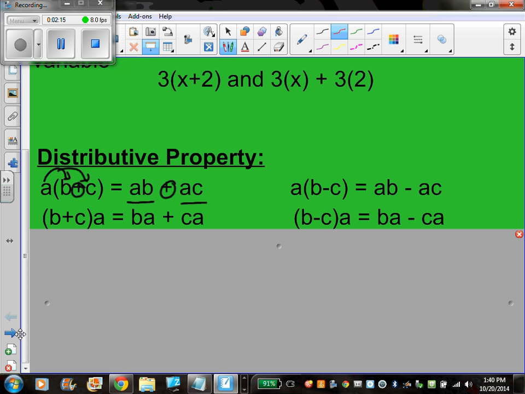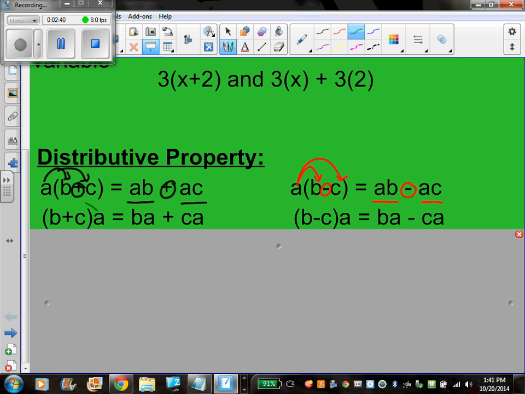Notice that something similar happens with subtraction. We have a times b, and then we have a times c, and the symbol between them here was minus, and it continues to be minus over there. These bottom two examples are the same idea, but now notice that a is on the right side of the equation instead of the left.